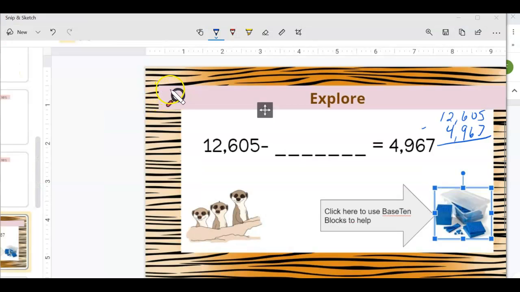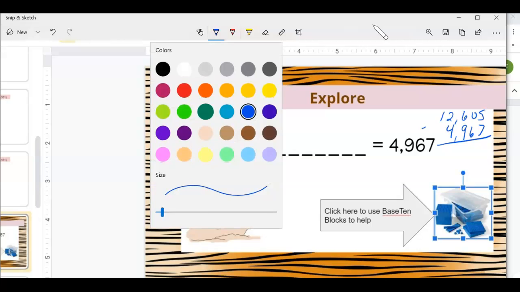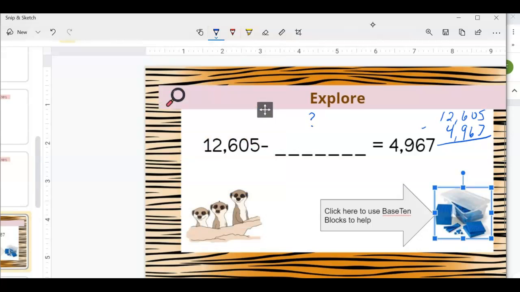Okay, so you've had an opportunity to try to figure out the answer to this particular problem. So you're trying to find out, well, what is the missing number that goes right here? So what goes in this spot down here? Okay, 12,605 minus what number equals 4,967?